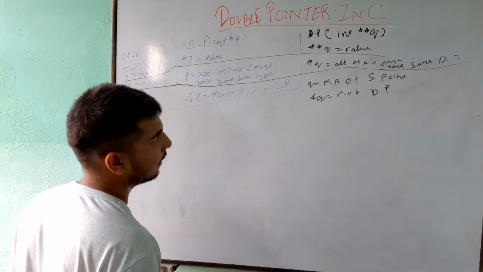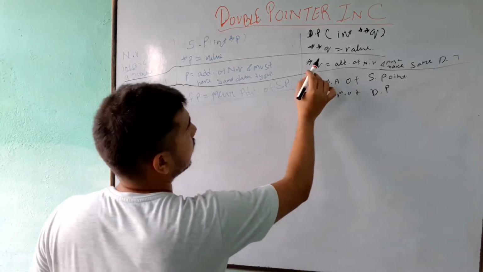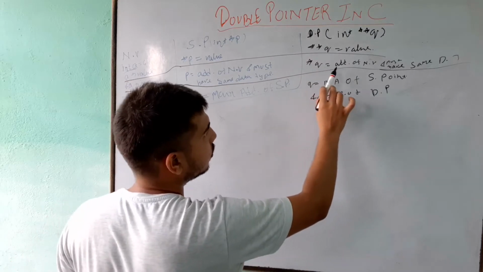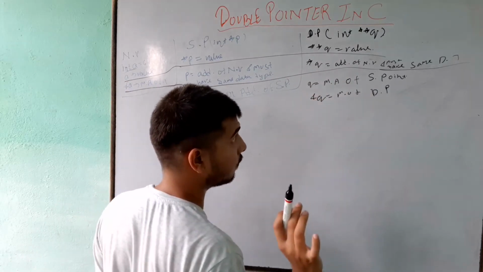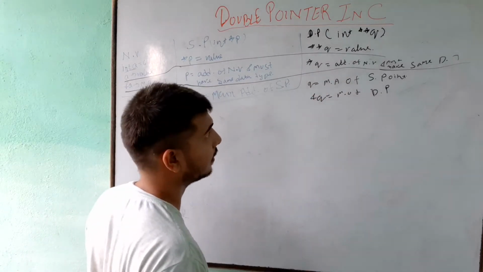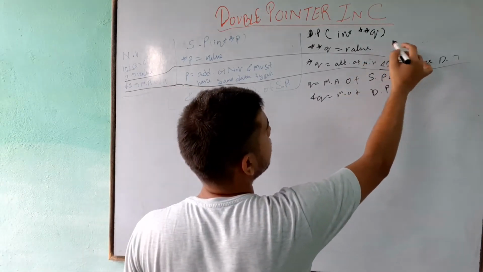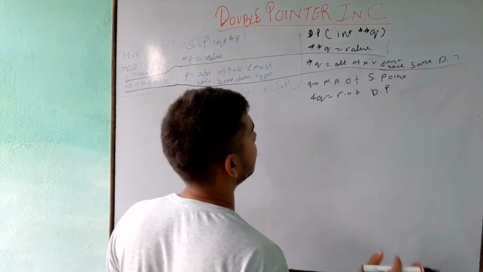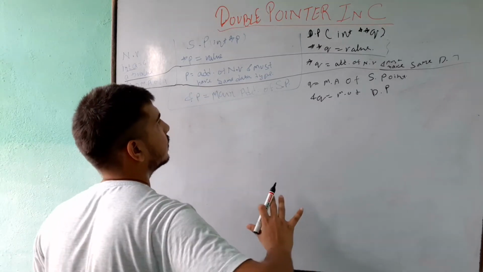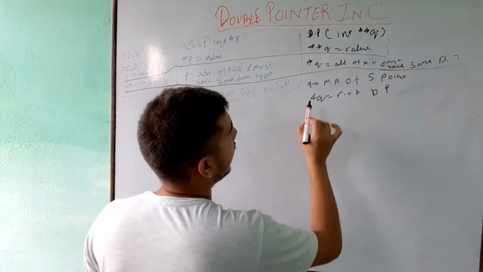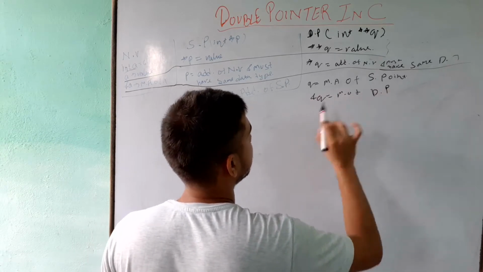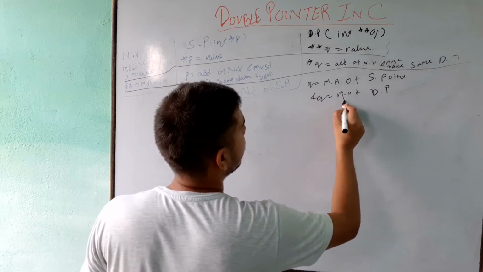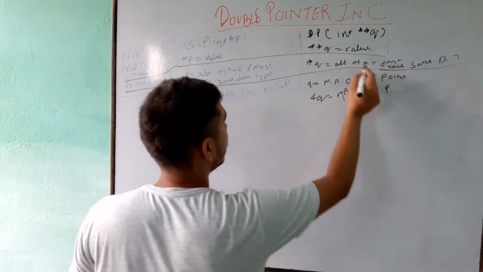So **q will hold the value, *q will hold the address of a normal variable, and it must be of the same data type, which is common for all. You can't assign some other data type to some other address. And q will be holding the main address of a single pointer, and &q will be holding the main address of the double pointer.